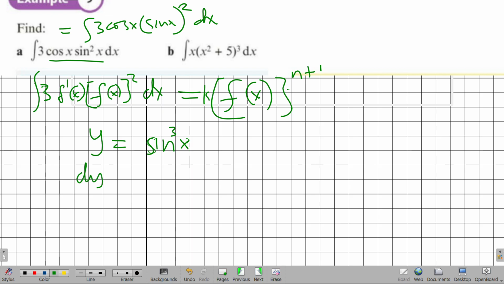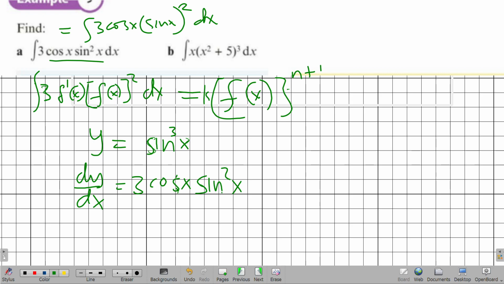It's dy over dx. There's a 3 here, then cos x here, then sine squared x, since you subtract 1. So if you differentiate y equals sine to the power of 3, you get exactly this function. So you are actually integrating the derivative of sine to the power of 3.